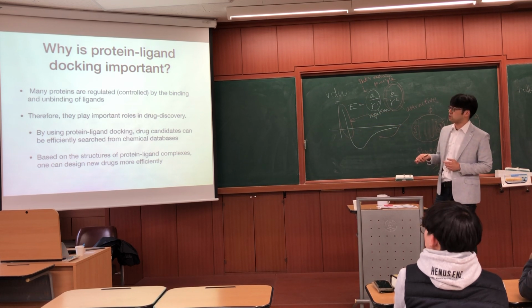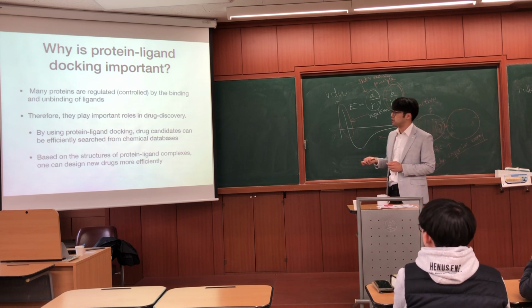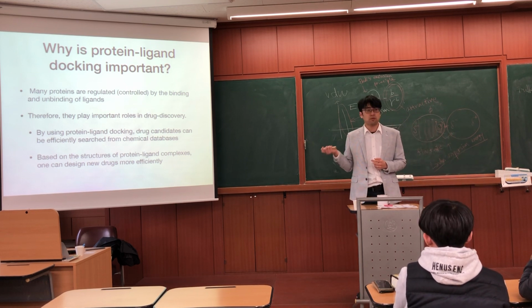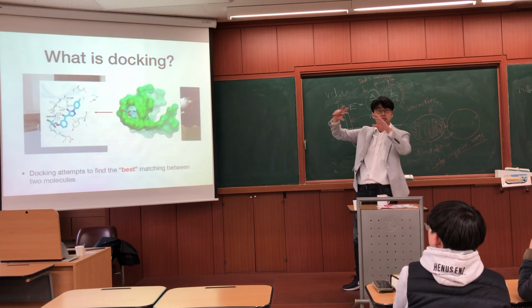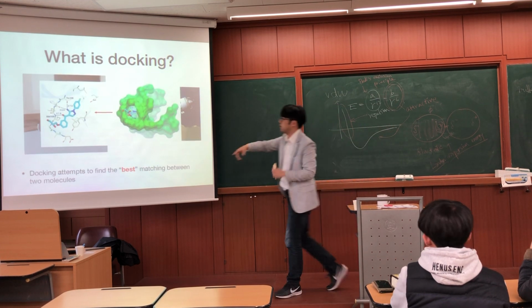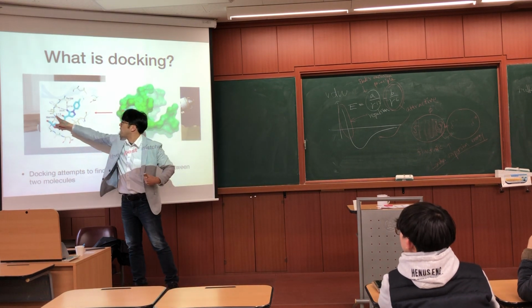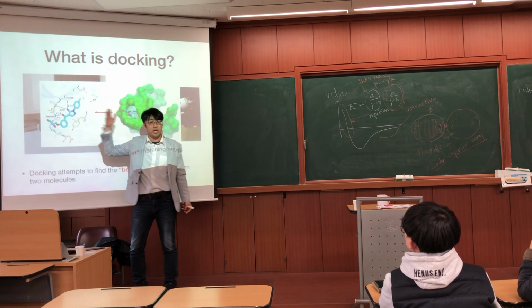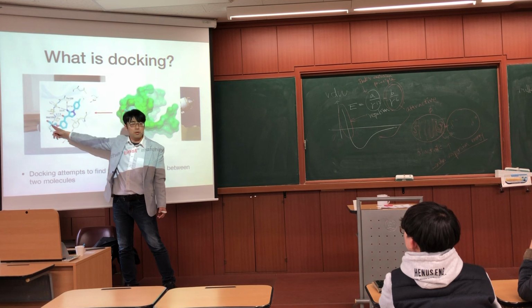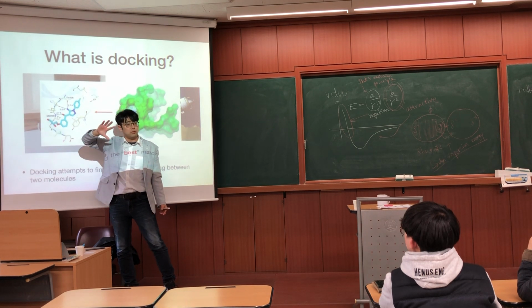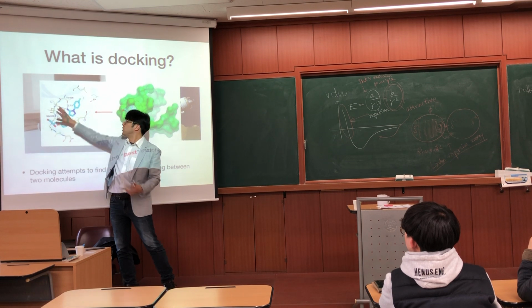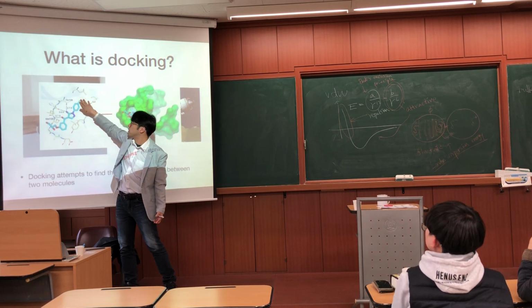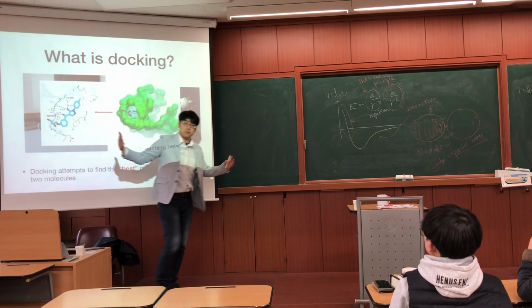Also, based on the structure of protein-ligand complexes, we can design new drugs. If we know the structure of the complex, for example how they are interacting, then we can think that if I mutate this residue into something else, they will bind more strongly, or if we change this group, it will bind more strongly with the protein.